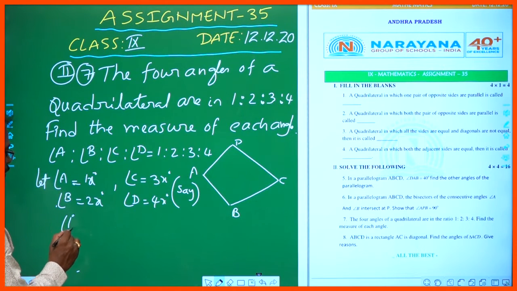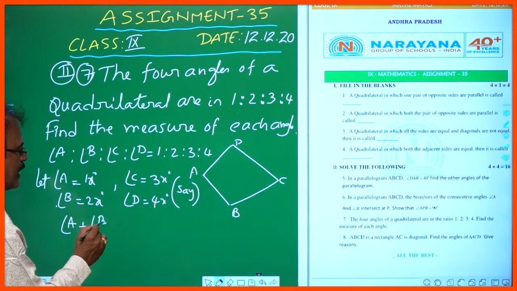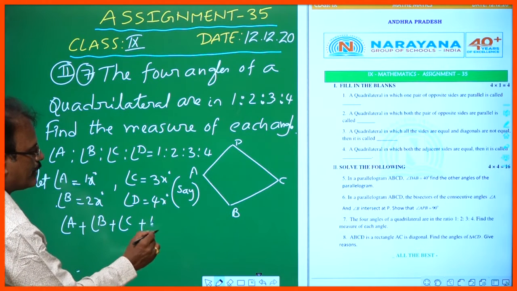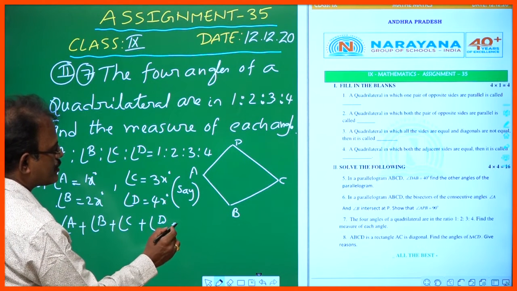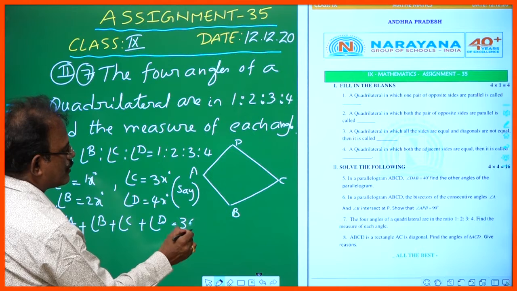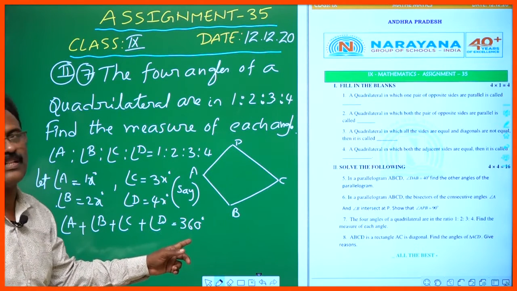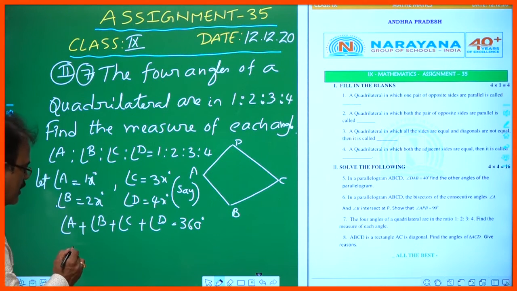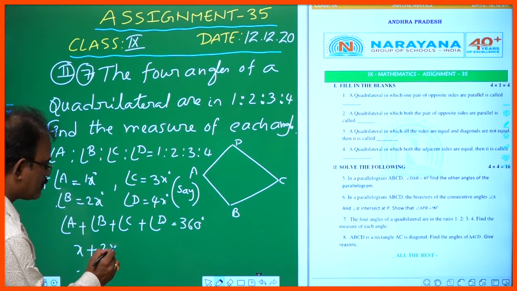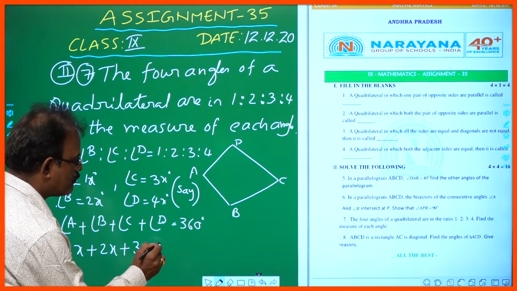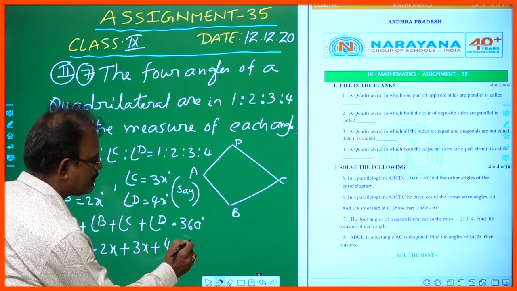Now we know that the sum of all the 4 angles in a quadrilateral is a complete angle, because it forms 2 triangles due to one diagonal. So it is 180 plus 180, 360. Now 1x plus 2x plus 3x plus 4x is equal to 360.